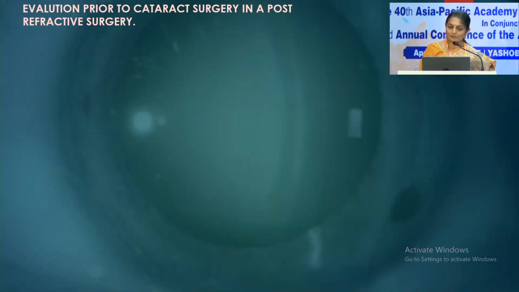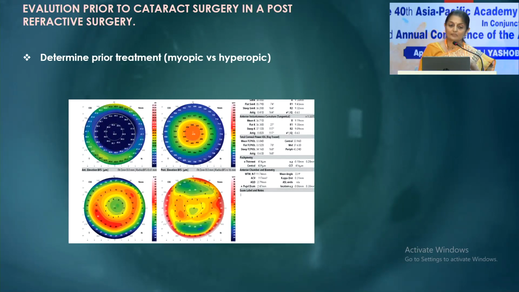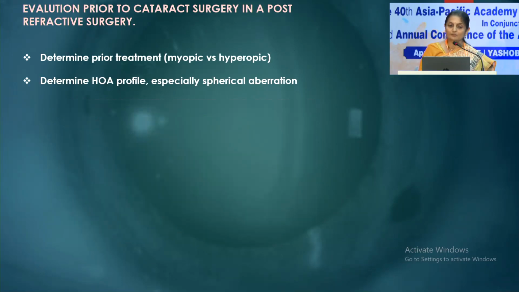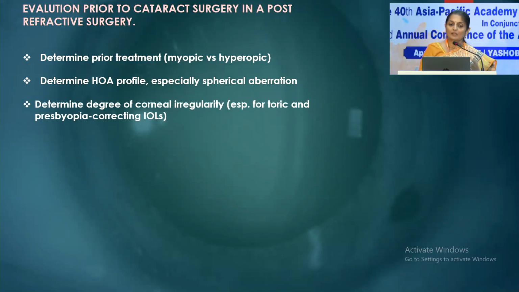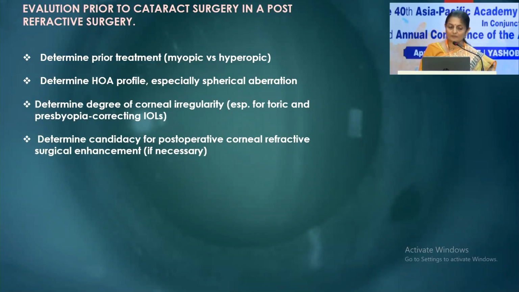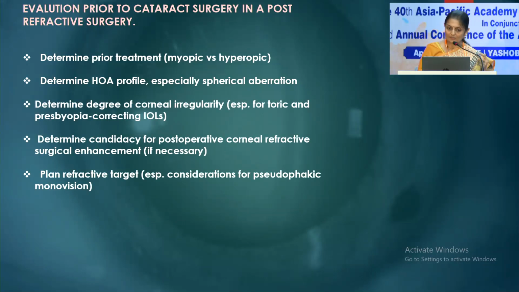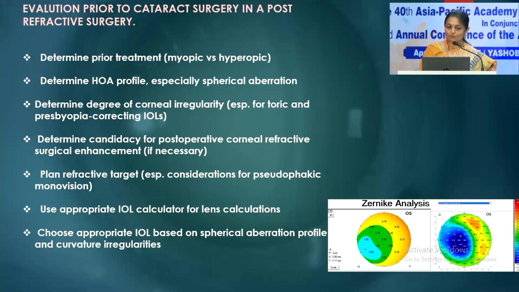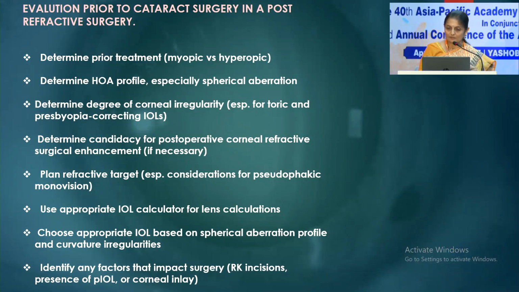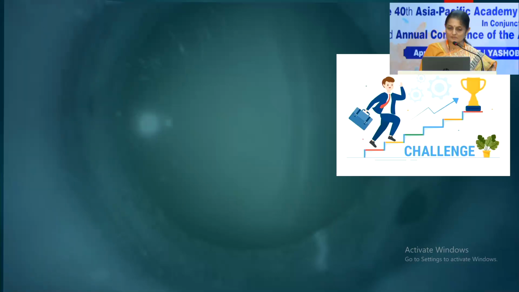But if they have already undergone post-refractive surgery, then we have to have a detailed evaluation of prior ablation, the higher order aberration profile, and note for any corneal irregularity, and see if they are a candidate for post-surgery corneal laser enhancement, use a proper IOL calculation, and see for any decentered ablation or irregularity in depth of the laser surgeries.